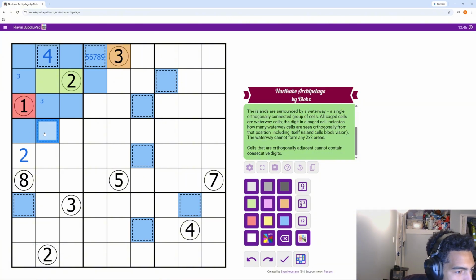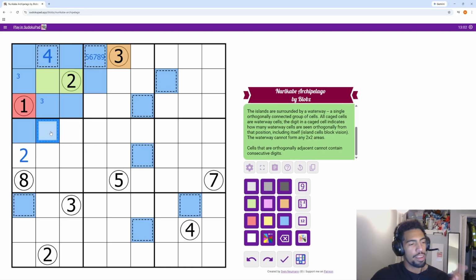Right. So this cage cell now cannot be the 1, and it can't be a 2. So it has to also have water. So nice. Okay. It has to also have another orthogonally adjacent blue cell.